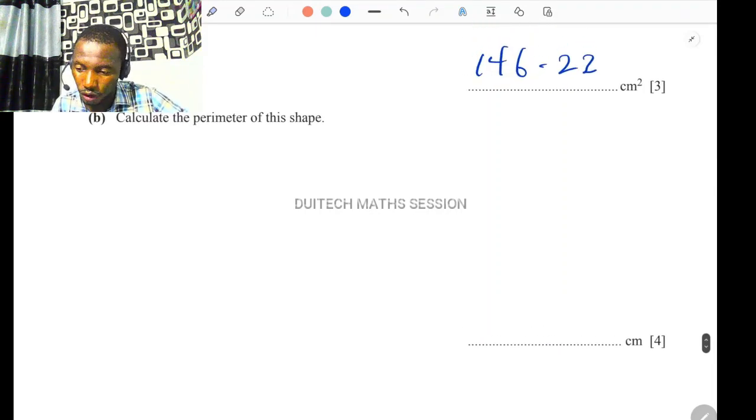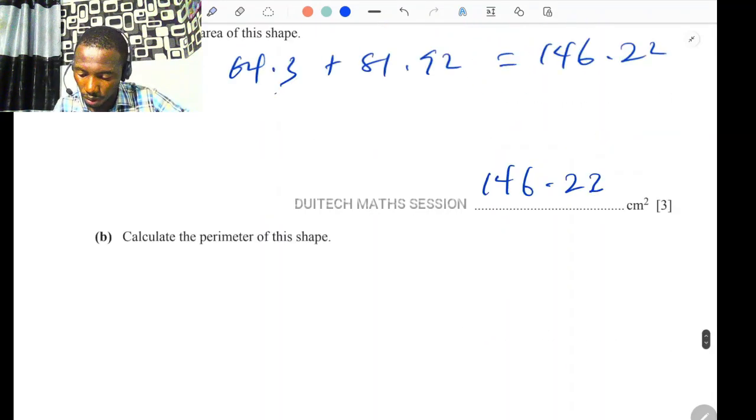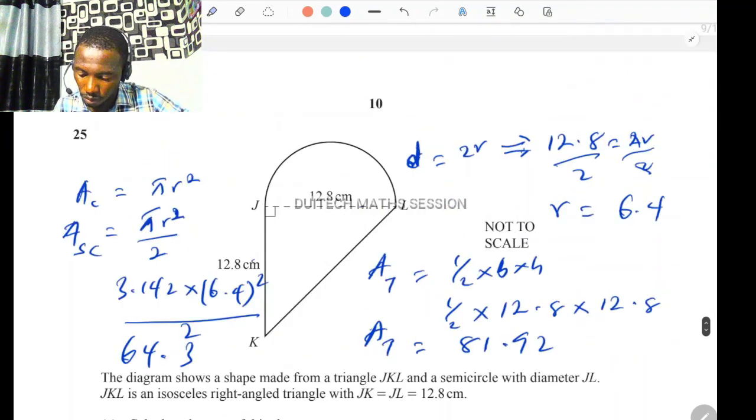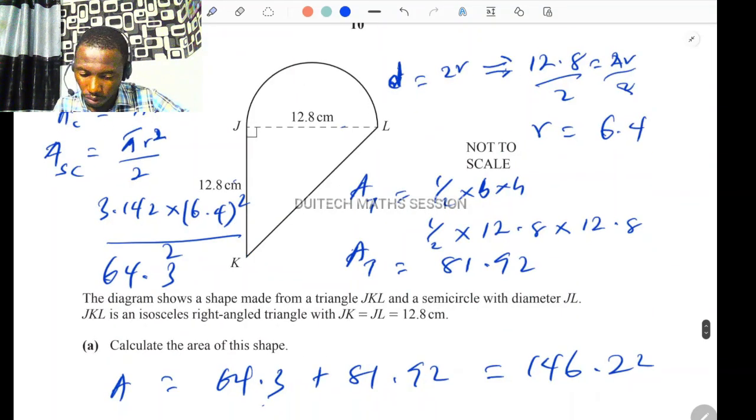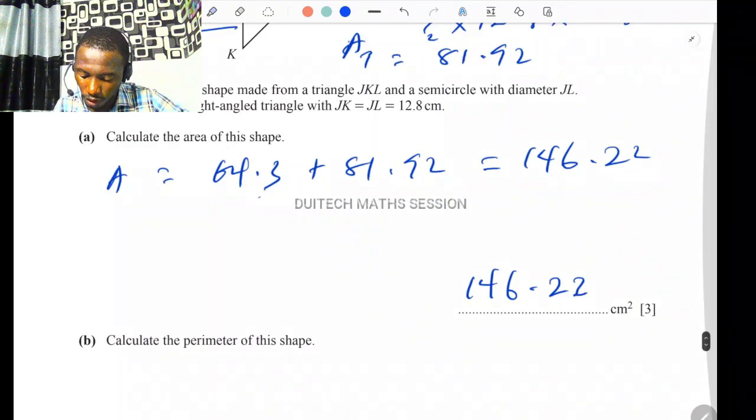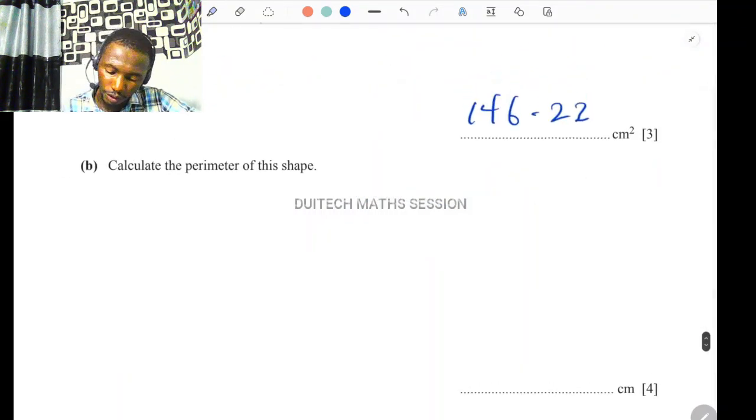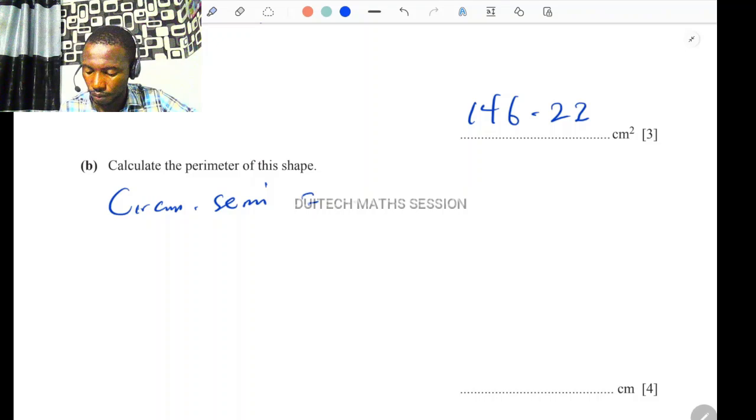Calculate the perimeter of the shape. Perimeter of the shape. So perimeter is actually from the idea of circumference. So the circumference of a semicircle is, normally it's 2 pi r, so it's equal to pi r, right?